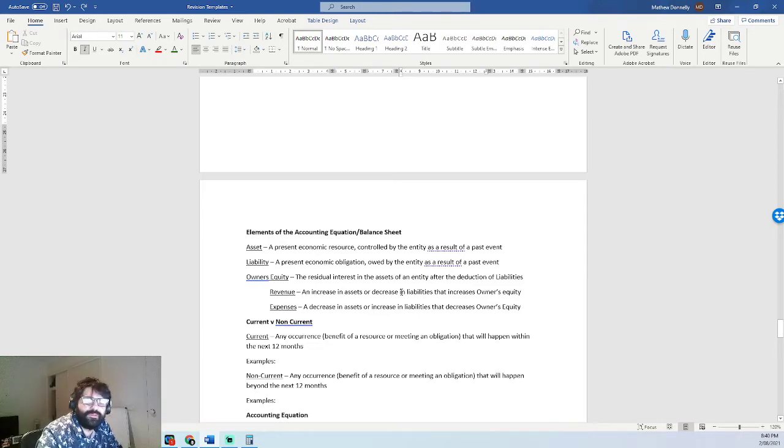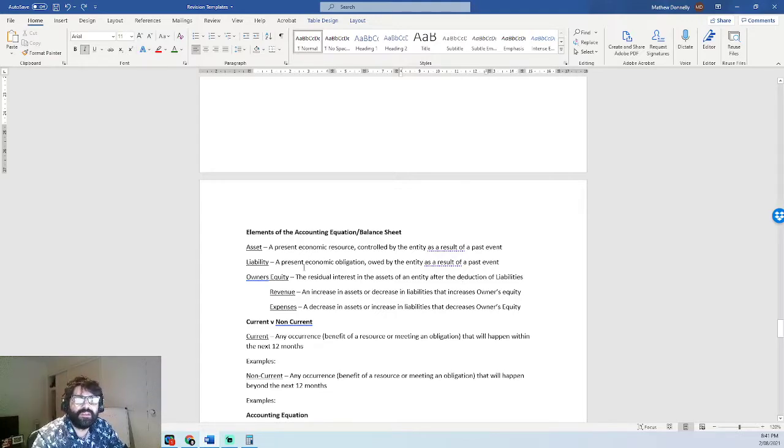So elements of the accounting equation slash balance sheet. We've got asset, liability, owner's equity. And then we're going to talk about revenue and expenses. But firstly, assets. Assets are a present economic resource controlled by the entity as a result of a past event, while a liability is a present economic obligation owed by the entity as a result of a past event, that event being a transaction.